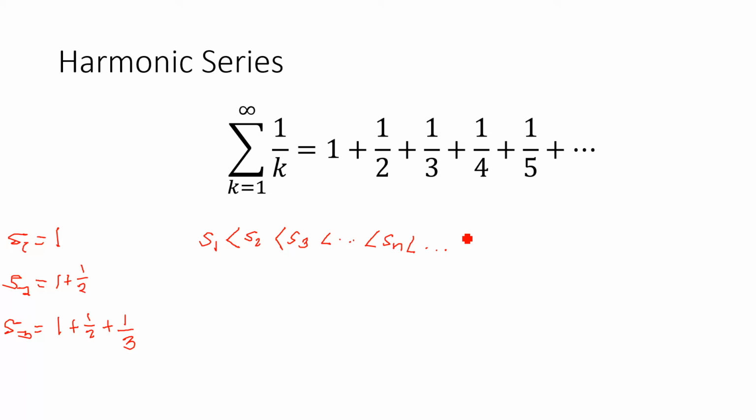So let's have s sub 2, s sub 4, s sub 8, s sub 16, s sub 32, and so on. Note that the subscripts are successive powers of 2, so these are the partial sums of the form s of 2 raised to n.